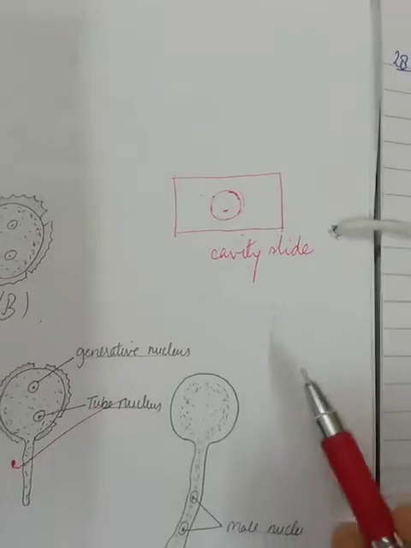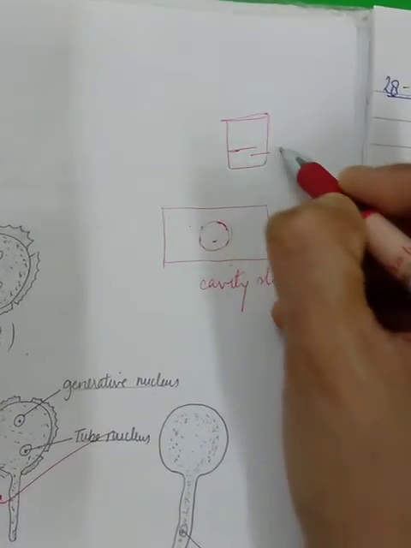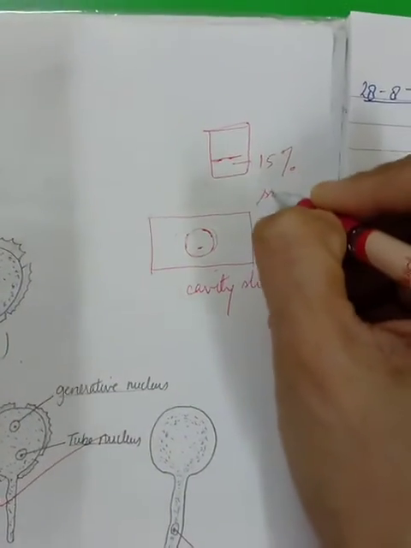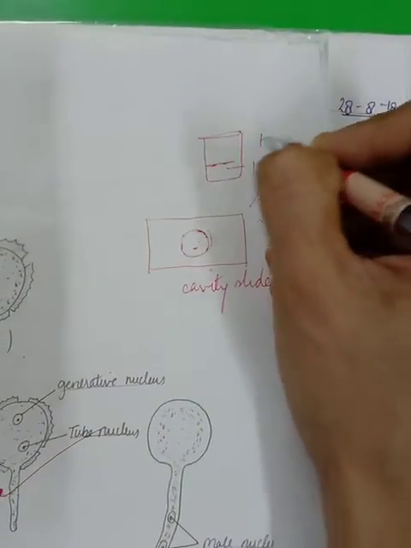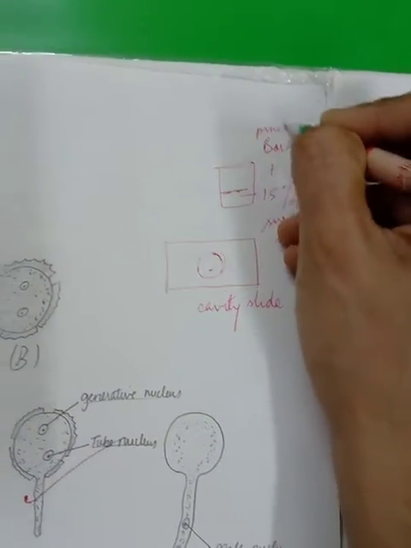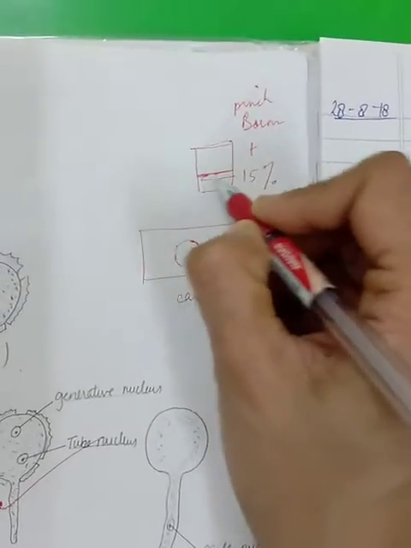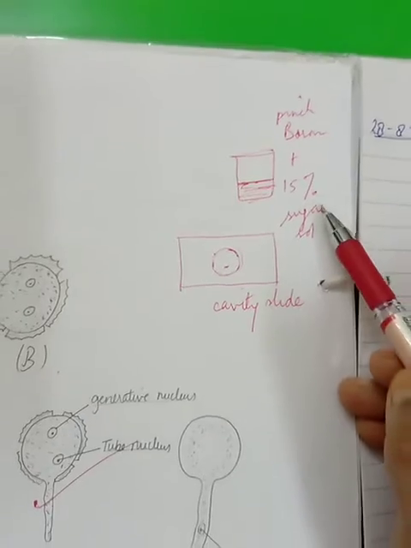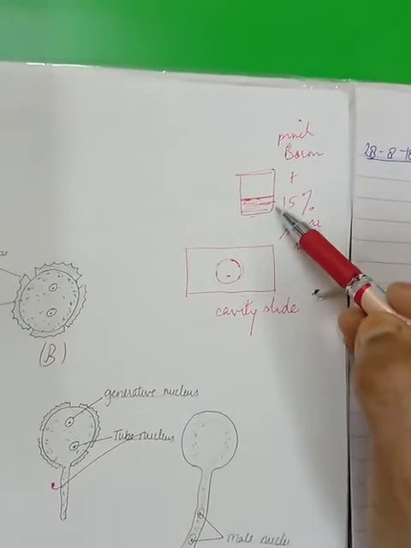In a beaker, we will make a 15% sugar solution and add a pinch of boron, only a pinch, and then mix it uniformly. So this becomes our nutrient solution.